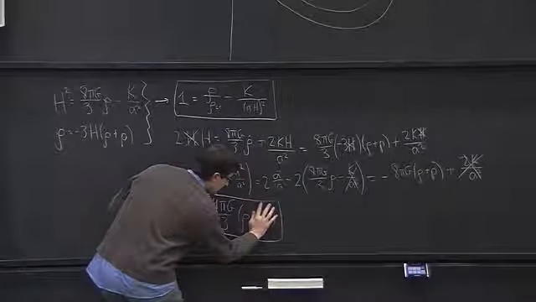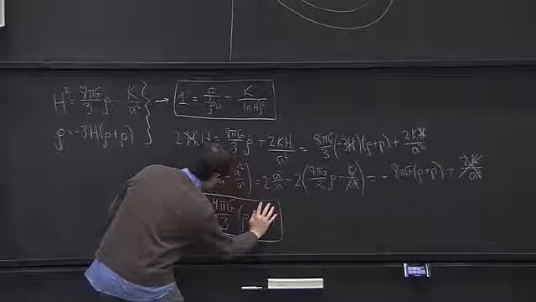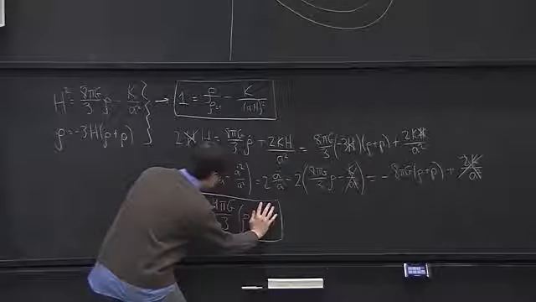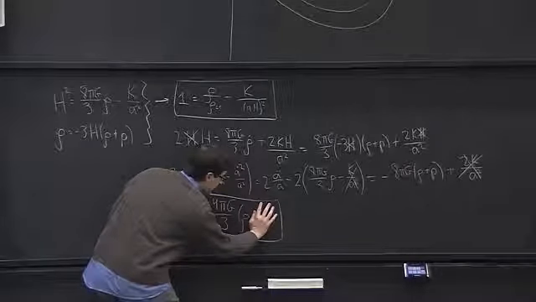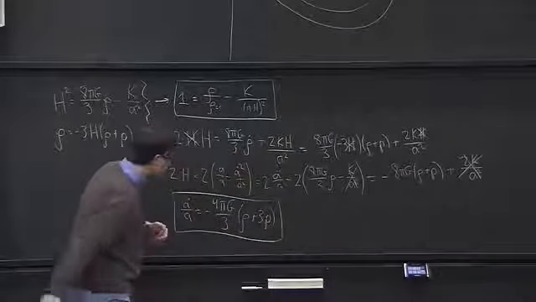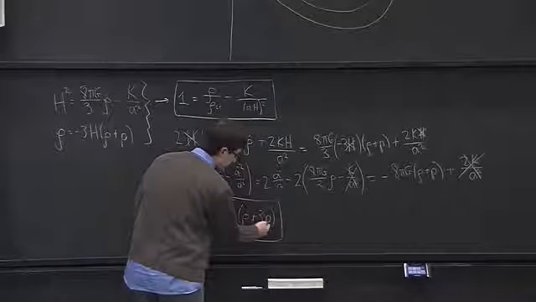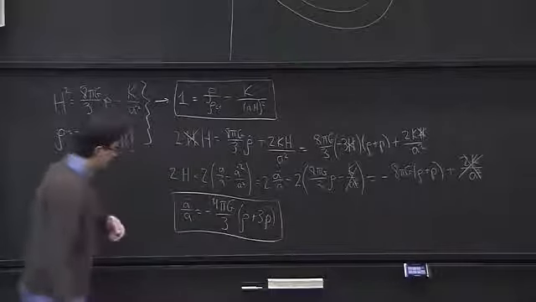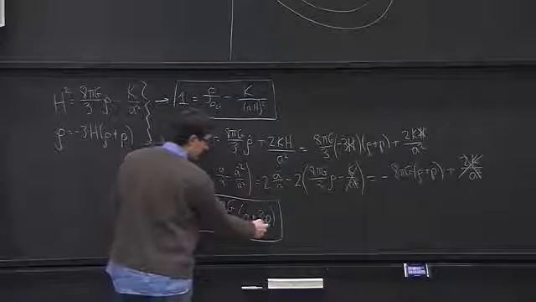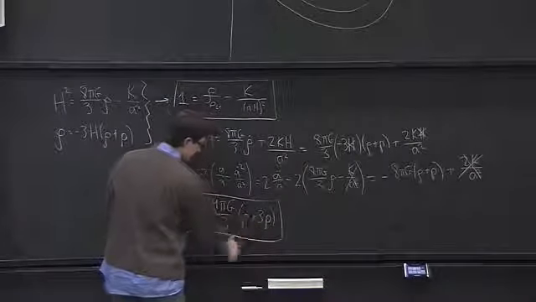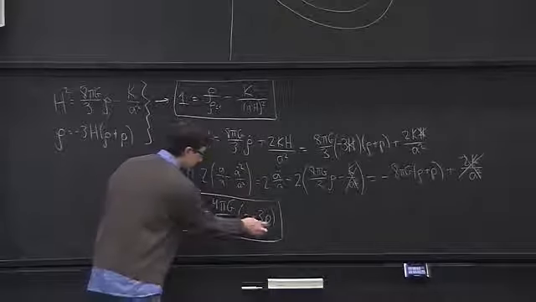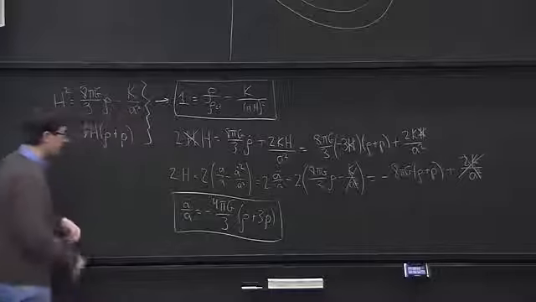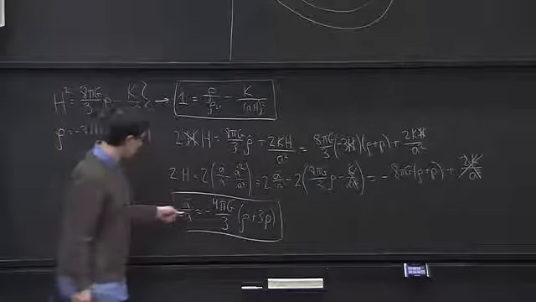So if we neglected the pressure term, this equation would say that a double dot is negative, because it's minus a positive number. But pressure need not be positive. As we'll see, for simple systems, including a cosmological constant or a scalar field, it can be sufficiently negative to cancel out this term. And so the dominant thing here could be a negative thing times a negative thing, and we could get a positive acceleration. So if the pressure is sufficiently negative, that's when we get acceleration.